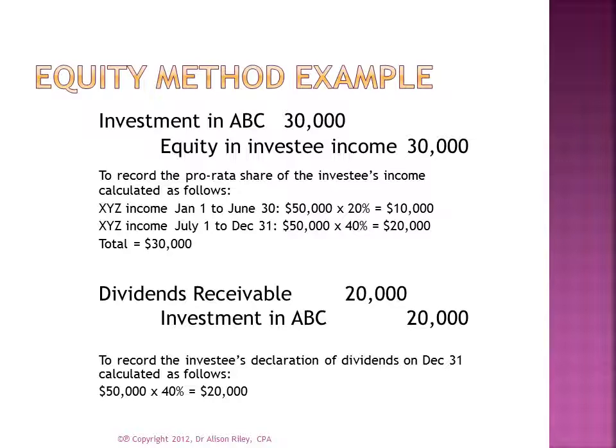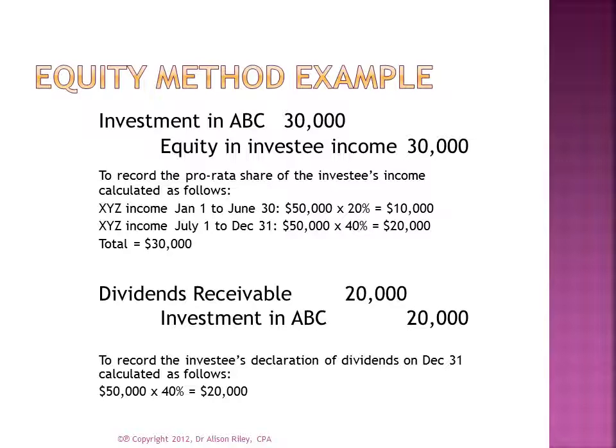Thus, since XYZ's income from January 1st to June 30th is assumed to be $50,000, because we assumed XYZ earned its income evenly throughout the year, we multiply $50,000 by ABC's 20% initial ownership to give $10,000.